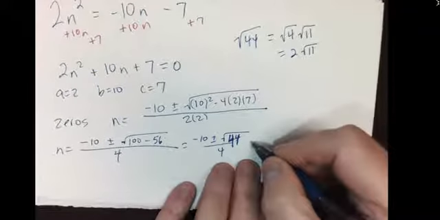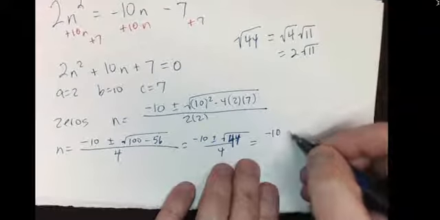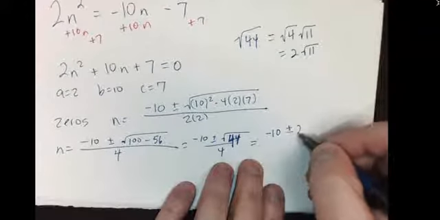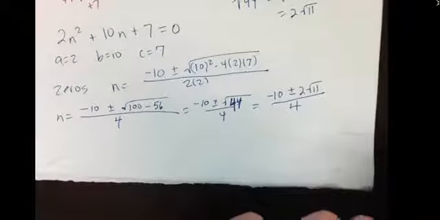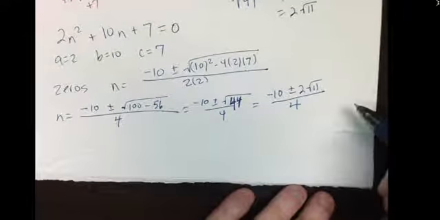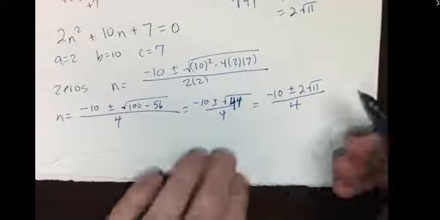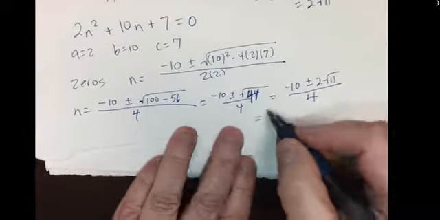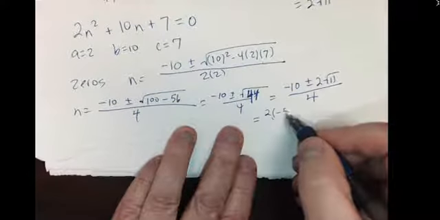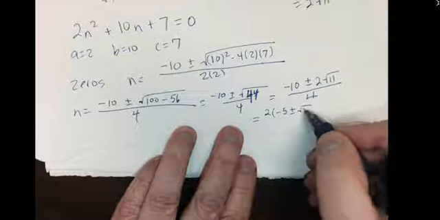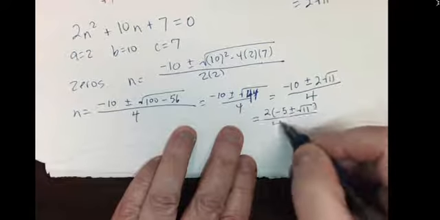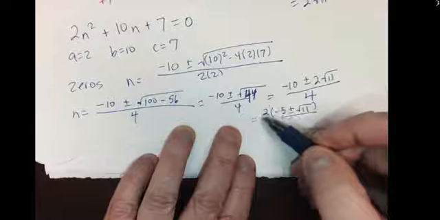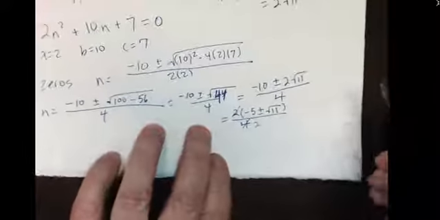Okay, so then I can factor out a 2. And so with cancellation there, I'll have that.